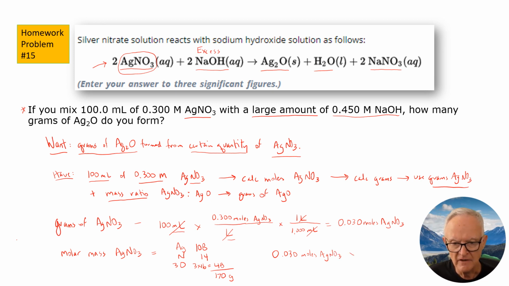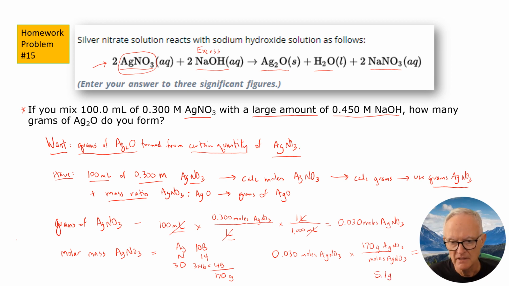Our conversion factor between grams and moles is just our molar mass. If we do that math, we come out with 5.1 grams of silver nitrate.